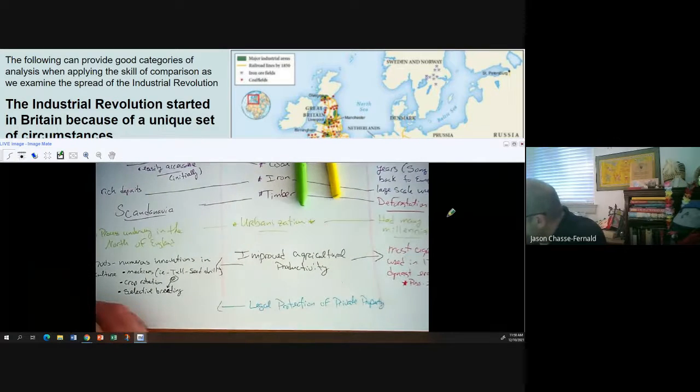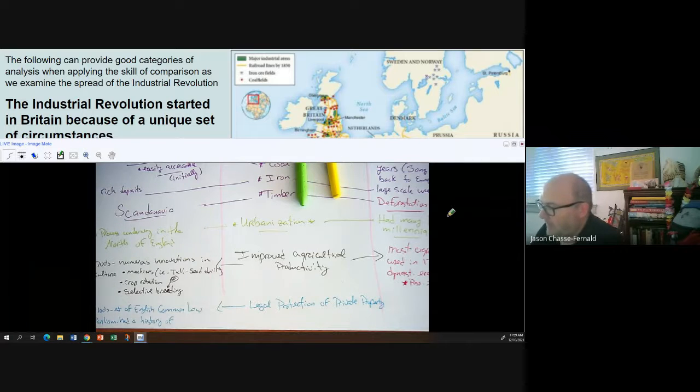So we know that in England, we have a whole lot of history going back to the 1100s, with the establishment of English common law. And if you look at Parliament, Parliament had a history of passing laws to protect private property as well.